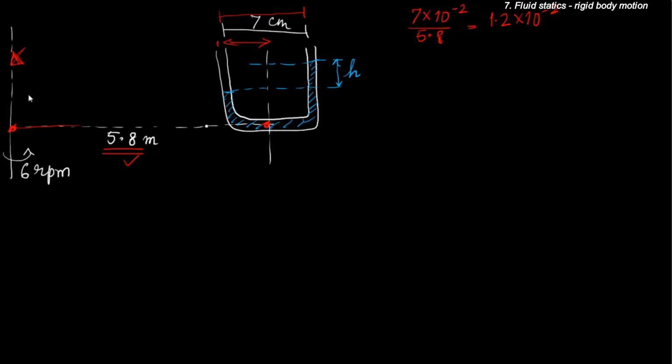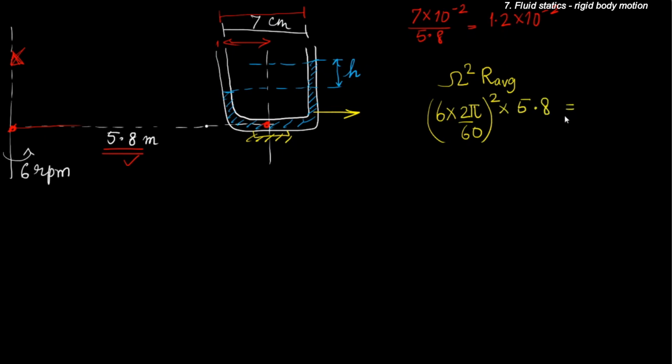Because this is held fixed with respect to this axis and it is rotated, the centrifugal acceleration will be equal to omega square r average, and omega is 6 rpm, so 6 times 2 pi upon 60 radian per second, squared, times 5.8, and this comes out to be 2.289 meter per second square.